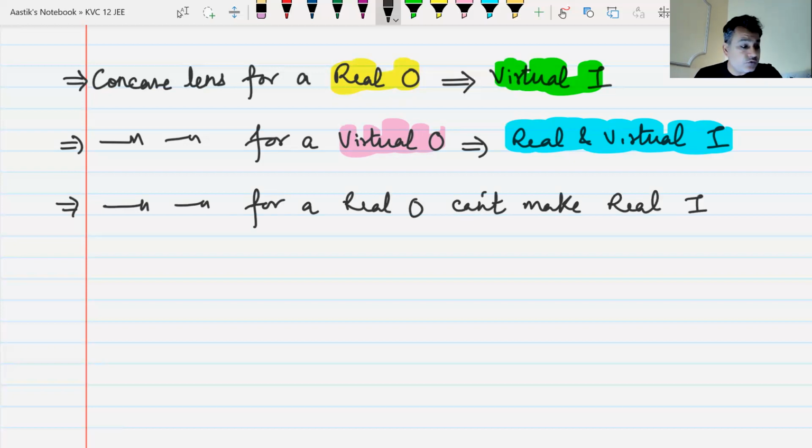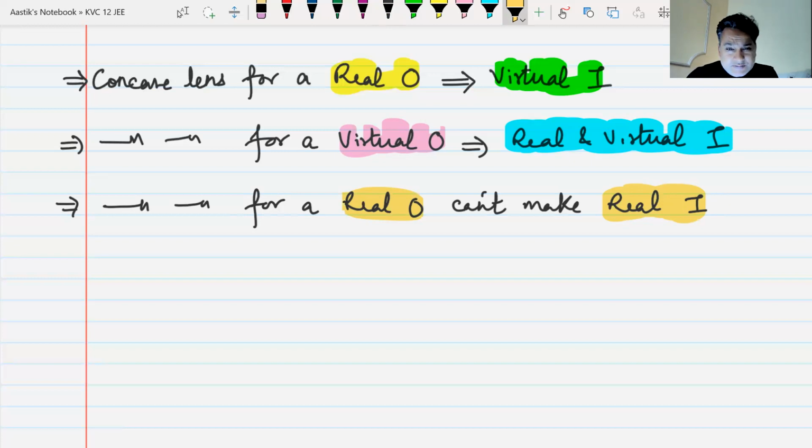Whatever is true for a concave lens, the same is true for a convex mirror. For a real object, a convex mirror also cannot form a real image. Do we understand this? Yes, sir. Has everyone noted this down? Yes, sir.